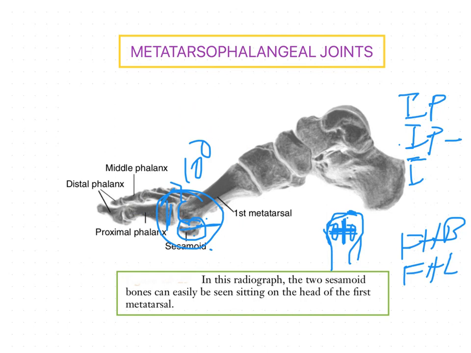Stability of the metatarsophalangeal joints is provided by a number of structures. First is the joint capsule, and then the plantar plates, like volar plates. Here we can find the plantar plates, collateral ligaments, and the deep transverse metatarsal ligaments.